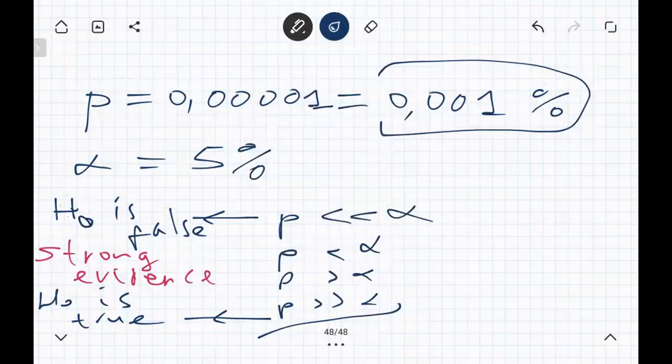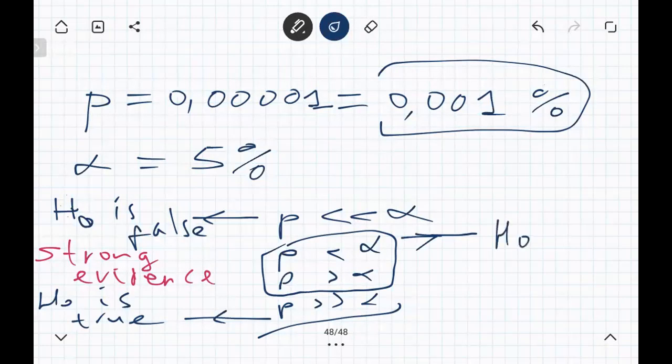Then we have these two cases where p is either less than alpha or more than alpha, but close to it. So the first one is evidence that null hypothesis is false.